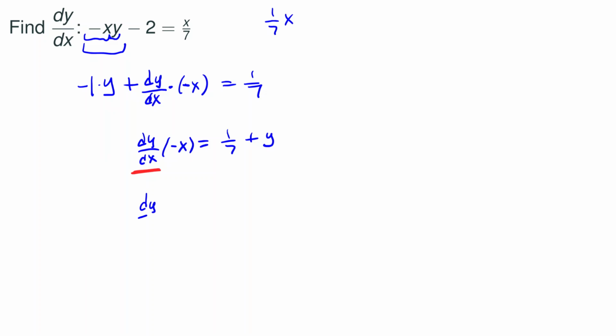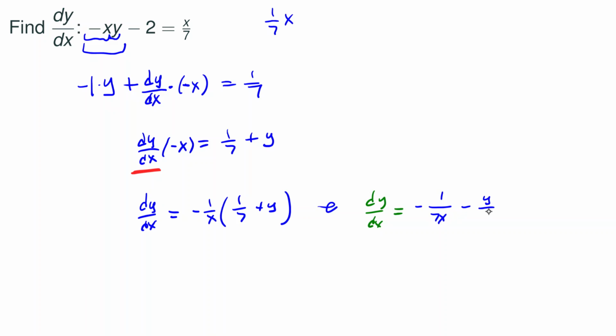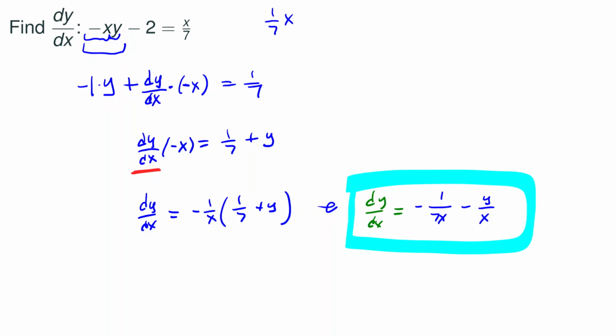So dy/dx equals negative 1 over x times (1 over 7 plus y). So we could distribute this. Then dy/dx equals negative 1 over 7x minus y over x. So this right here is the derivative of y with respect to x.